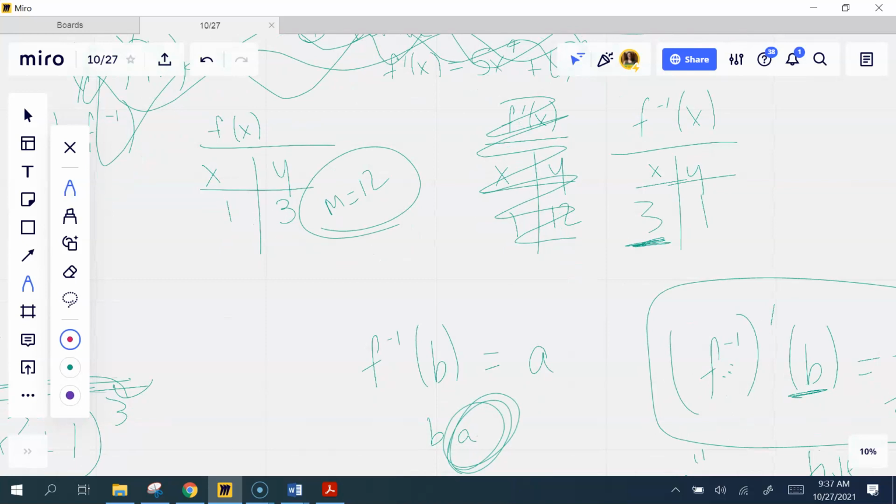If I'm finding the derivative of the inverse at 3, then I look at the y. I go back to the original equation, right? I know that the slope here is 12 because f prime of 1 we already found to be 12. So that means that the inverse derivative at 3, because I'm switching x and y, is 1 over 12.